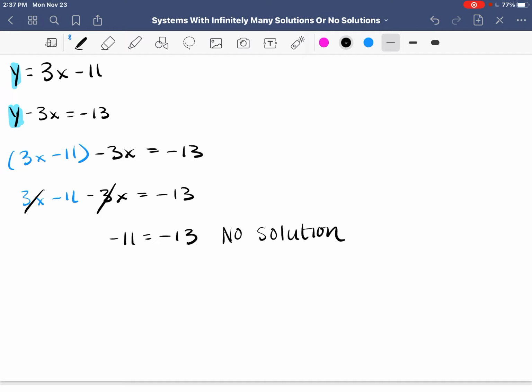So with that being said, a little bit of background knowledge is if they have the same slope, that means they're parallel lines, which also means they have no solution, meaning they do not intersect whatsoever. So if you take the first equation, you have y is equal to 3x minus 11. But if you were to rearrange the second equation, you get y is equal to 3x minus 13.